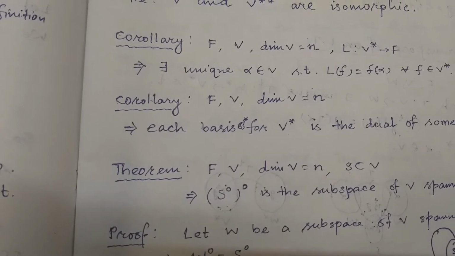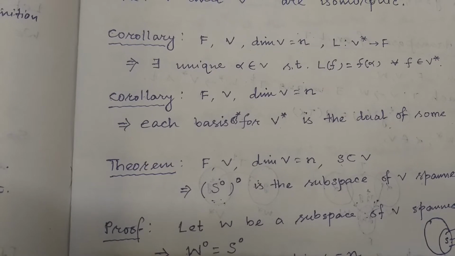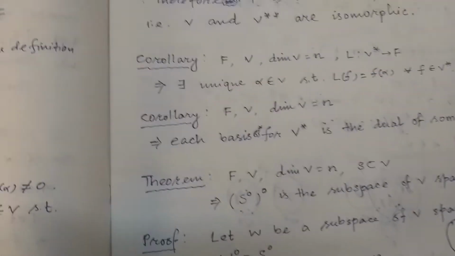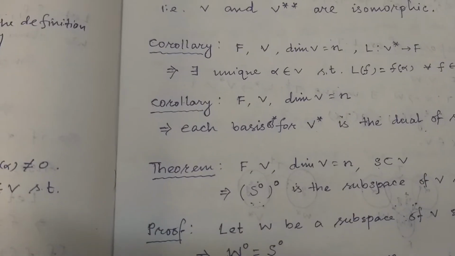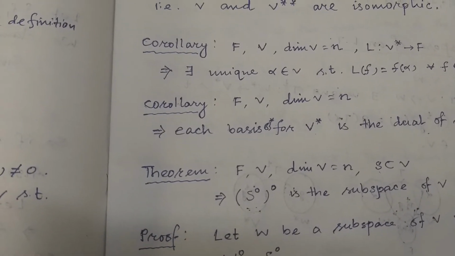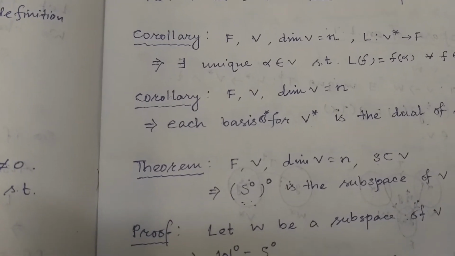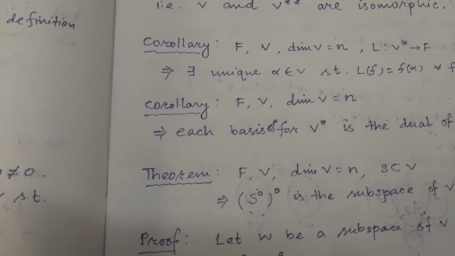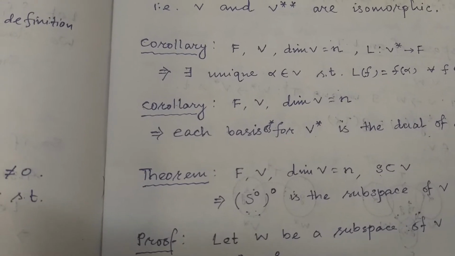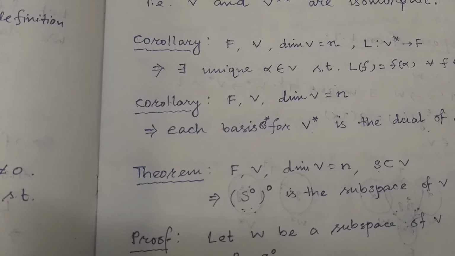So if it is in S naught, now suppose this is our S naught whole naught, meaning W, it is in V double star, V equal to V star whole star.